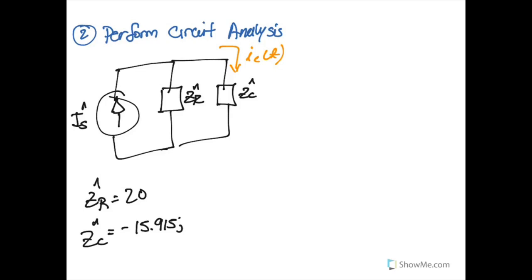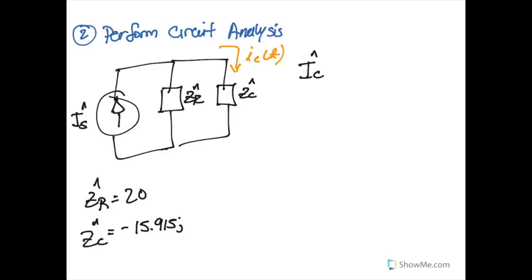Coming back to our circuit, we have now converted all of our elements into their phasor domain equivalents, and we want to know the current that is flowing through the capacitor. If this was a traditional resistive circuit problem, then hopefully you would recognize this as a current divider. So I have a current source with two impedances in parallel. And just in the same way as if these were resistors, we could treat this as a current divider.